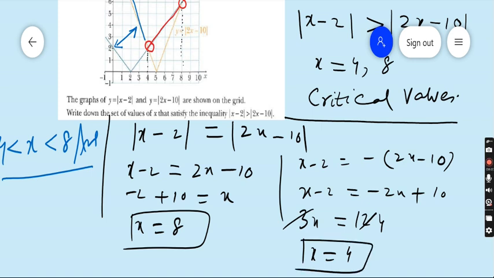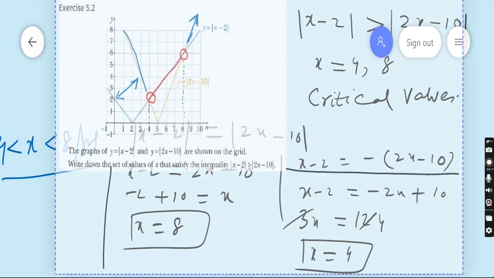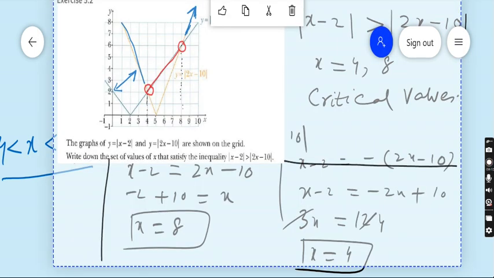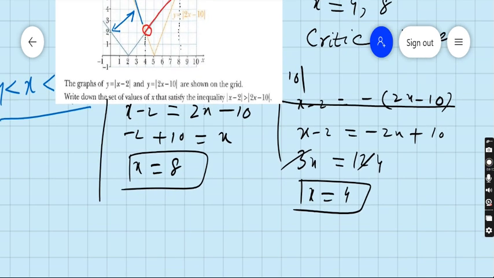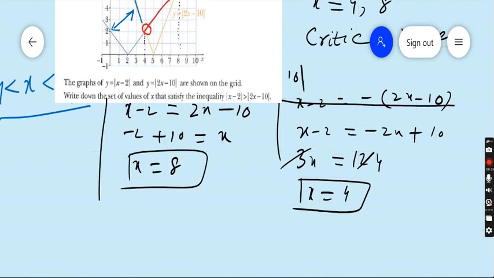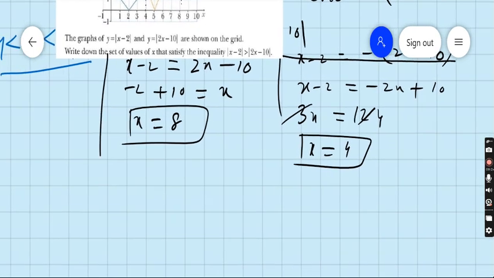So x is equal to 4. You can see from the graph the critical values are 4 and 8, and from algebra the critical values are also 4 and 8. Now we have to write the set of values.